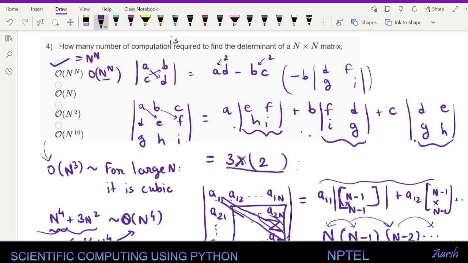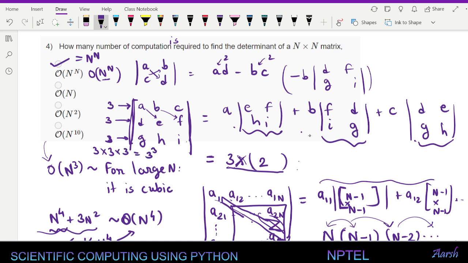But what I'm trying to say is that there is a naive way of calculating this also. In that case, it will be exactly n to the power n, because you are going to multiply every time you take one of these three. So this, then you have to take one of these three. That is 3. And then you take one of these three. That is 3. So at max, you get 3 times 3 times 3, which is 27.